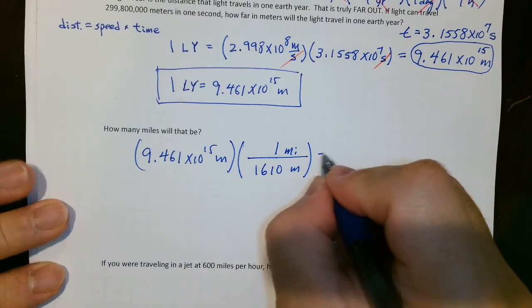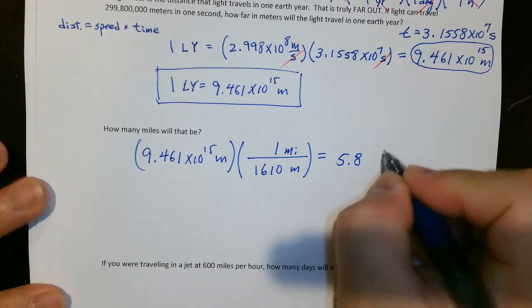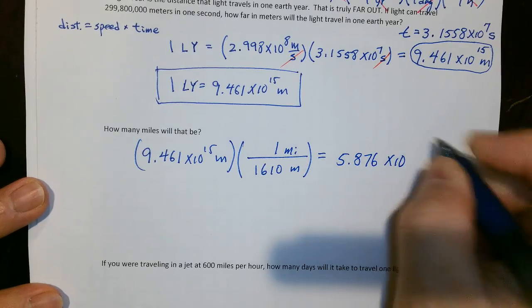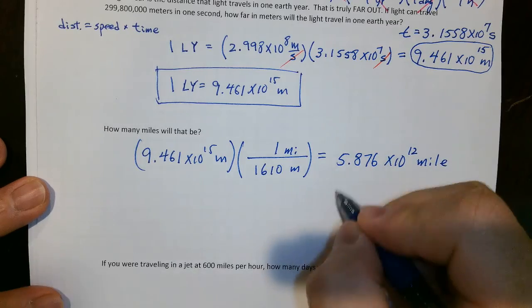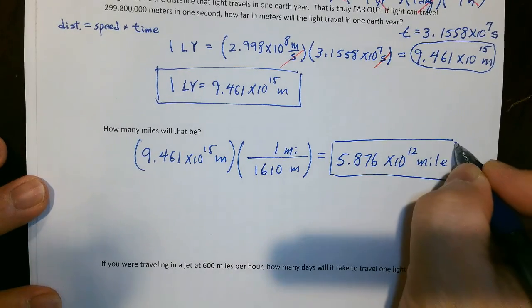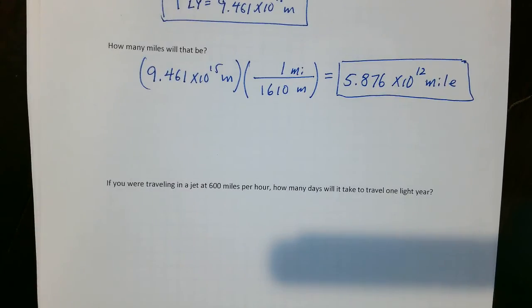So if you work that out, I think you get something like 5.876 times 10 to the 12th miles. That's a lot of miles. Talk about some frequent flyer mileage there. Wow.